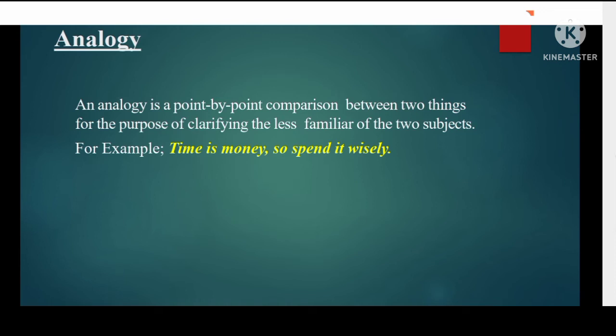As money is important in the eyes of most people, some wise people take time as so valuable and important that they say time should be spent as wisely as you take care in spending money. So here is a beautifully drawn metaphorical comparison between two things.